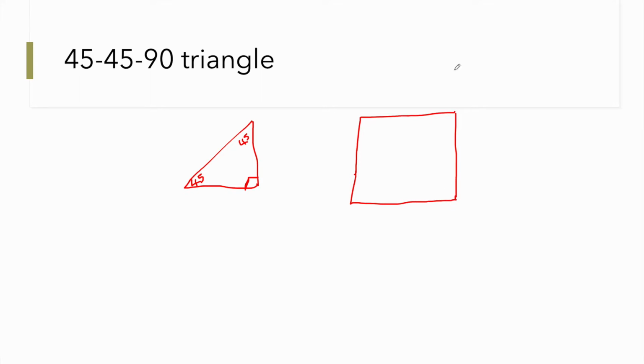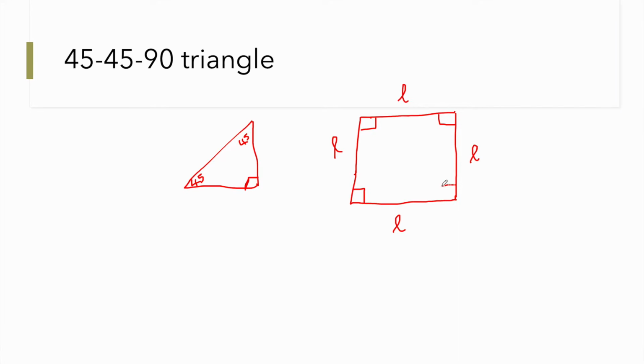Okay, so let's talk about the properties of a square. We know that all sides of a square are equal. So I will label them L, L, L, okay? And all angles of a square are 90 degrees.